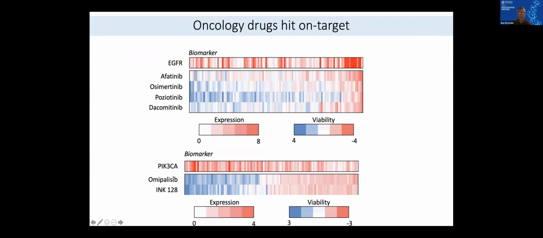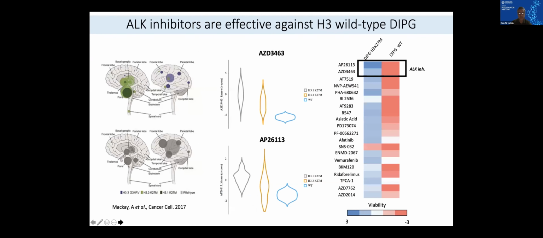Interestingly, with PIK3CA, there's actually an inverse response to inhibitors in the pathway, and you can see that lower expression of PIK3CA predicts response to inhibitors in the pathway, which is interesting, and it may suggest that there's a kind of a cyclops type of response in this particular pathway.